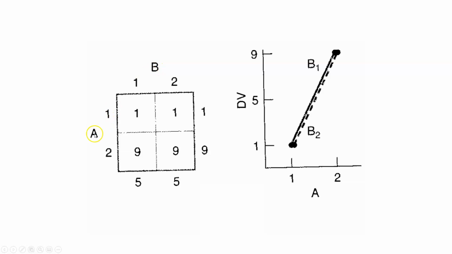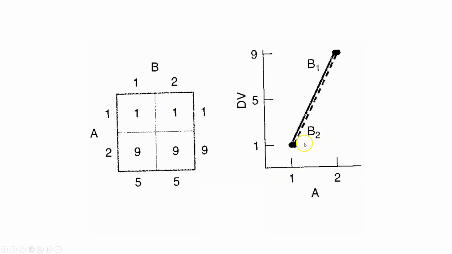But once you recognize that level A1, B1 is this cell right here, you have to say, okay, A1, B1 has a value of 1. Over here, we would graph that as A1, B1 is the dark line right there, and so that person is plotted as a 1. Again, if we go back here, A1, B2, that cell is 1.